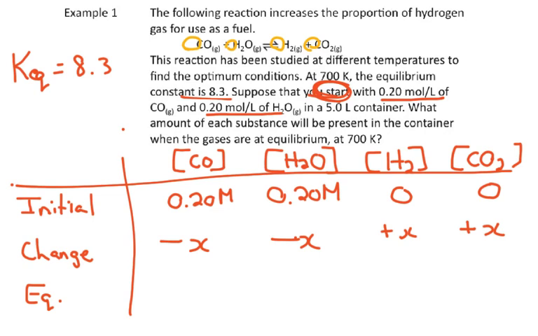It's the initial plus the change, so 0.20 minus X will be the equilibrium concentration of carbon monoxide. Same thing for H2O. H2, we started with 0 and we added X. Its concentration at equilibrium will be X, and CO2 will also be X.